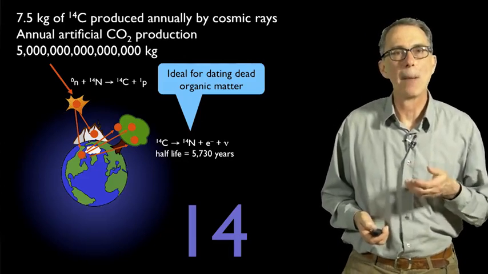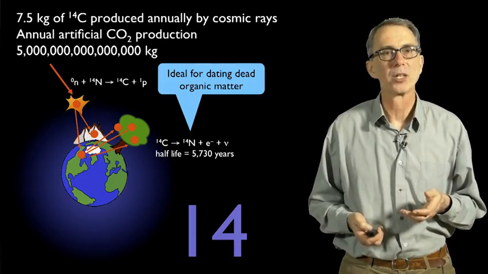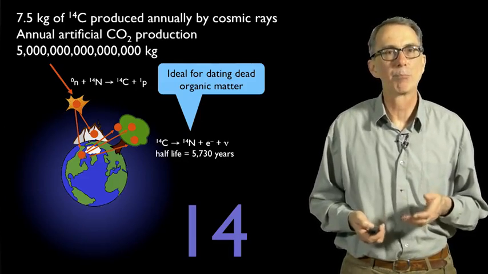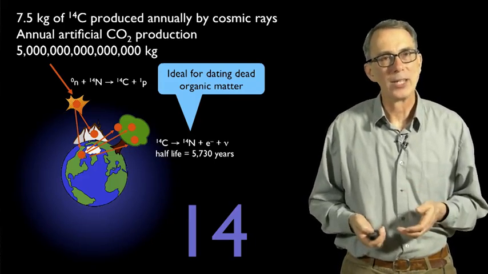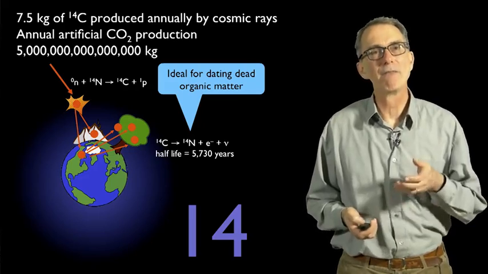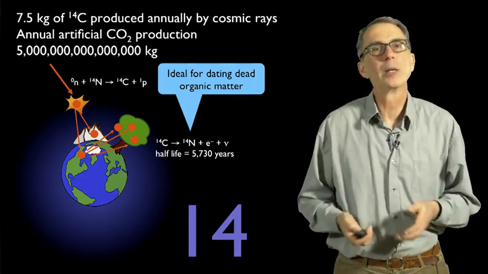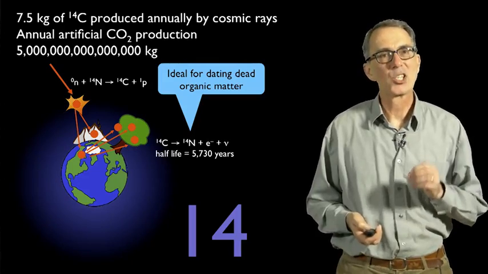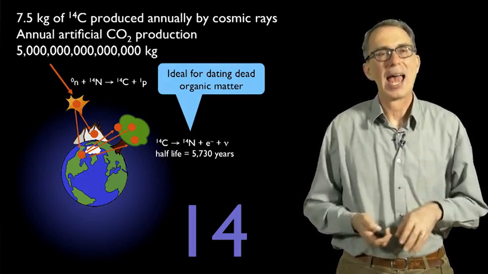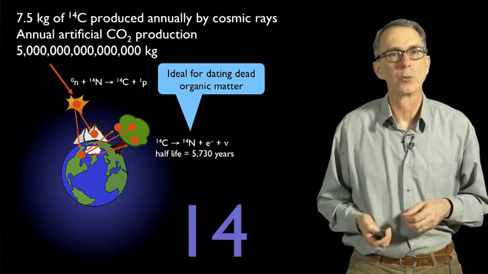There's only about 7.5 kilograms of carbon-14 produced annually by cosmic rays. And that's a very, very small fraction of the annual human production of carbon dioxide. But this can still allow us to assess how old or how new carbon dioxide is by looking at the ratio.